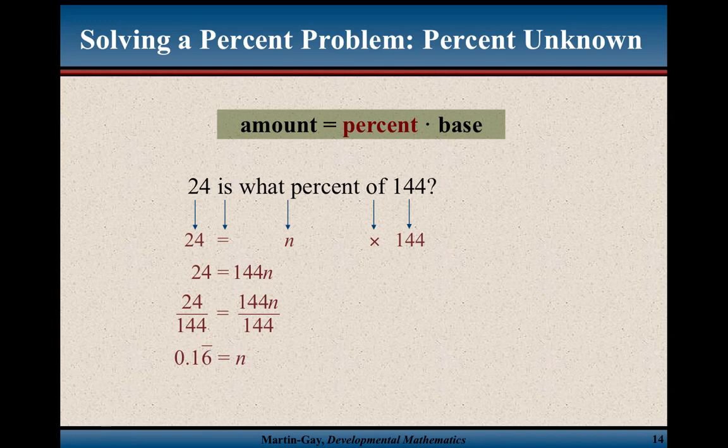Okay? And then we will move two decimal places para maging percent siya. So kasi percent ang tanong, di ba? So that's 16 2/3 percent is equal to n. Kapag ginawa mong percent ito, ganito kasi yan.